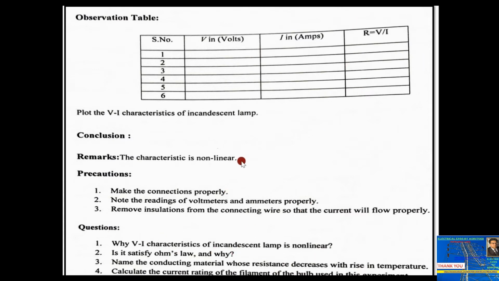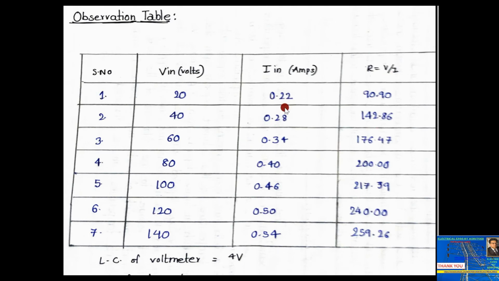Now these are the actual readings. These are the actual observation table that we got from the BEE lab. This is the column of voltage, this is the column of current, and then we calculated R in ohms.